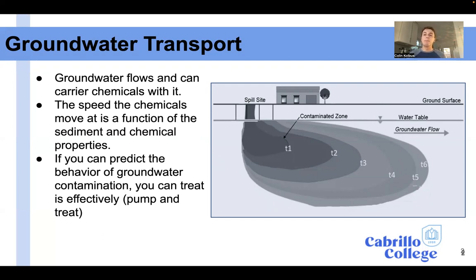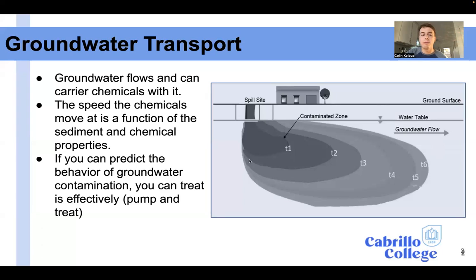A chemical that doesn't bond with sediment is going to be transported at a rate more similar to the groundwater flow than one that does. So one that bonds a lot to the sediment is going to be transported much slower than the groundwater surrounding it. If you can predict the behavior of groundwater contamination, you can treat it effectively.